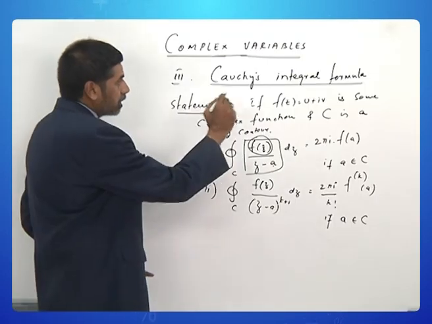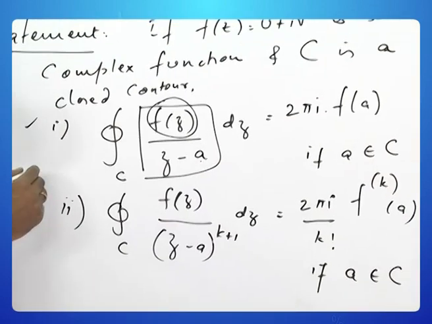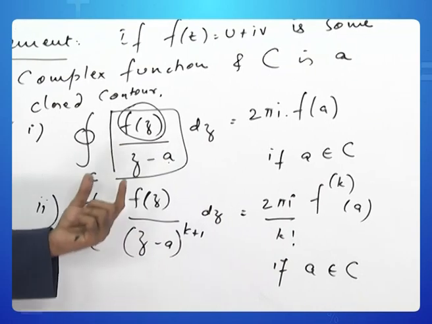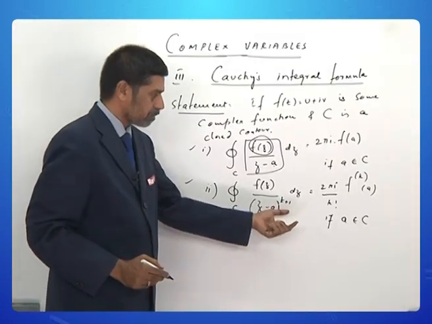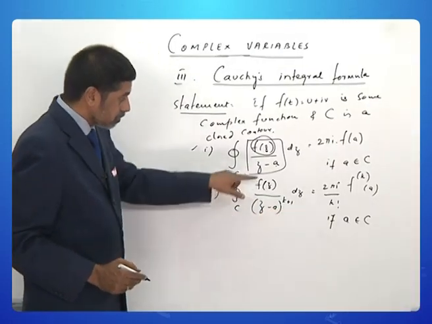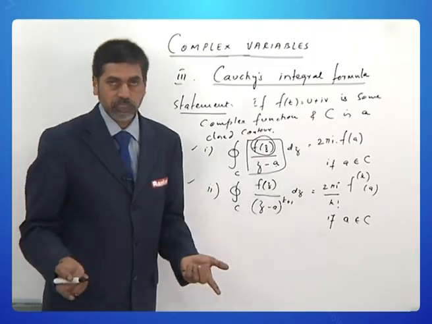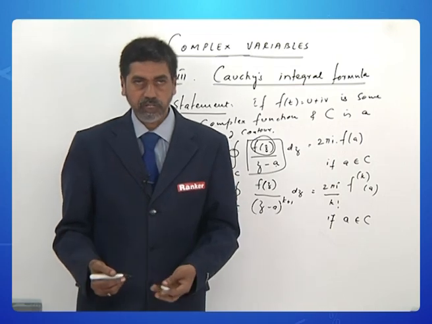So, Cauchy's integral formulas are two formulas, one having a singularity of order 1 and one with a singularity of order k plus 1. Suppose the singularity does not lie inside the contour, then you know already by Cauchy's integral theorem that the output has to be 0.